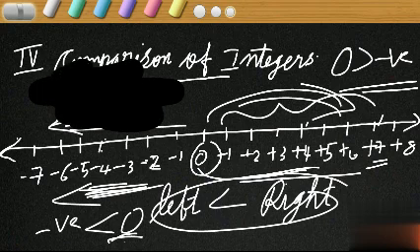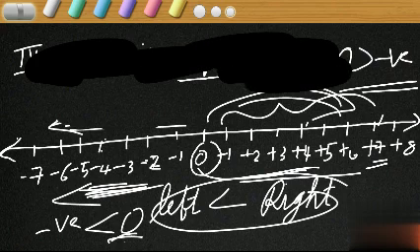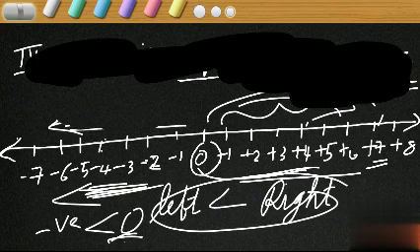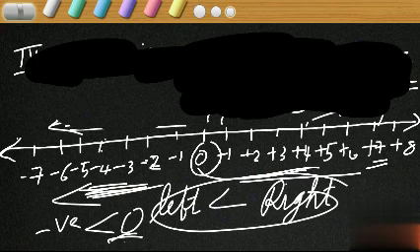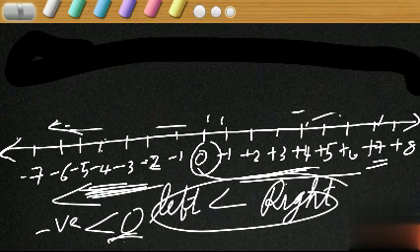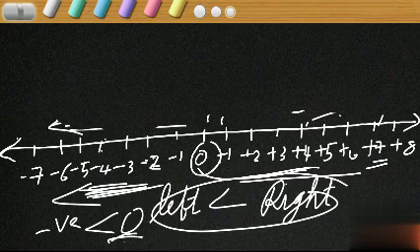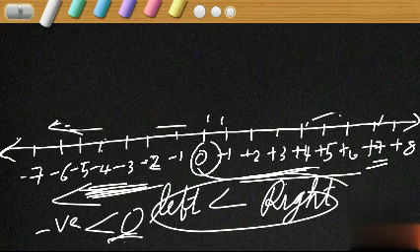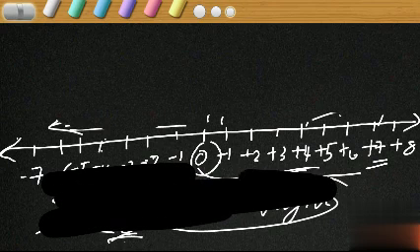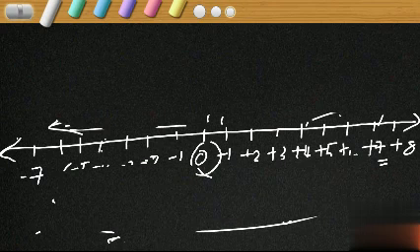That means, what have we concluded yet? First, we concluded that all positive integers are greater than 0, isn't it? Why?